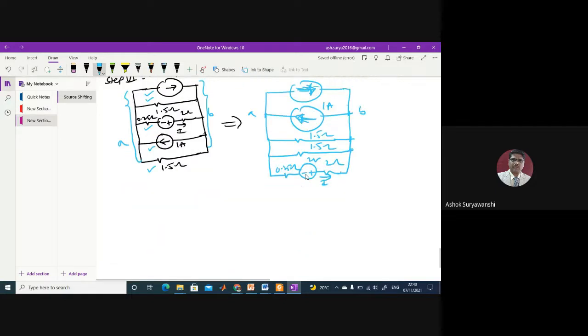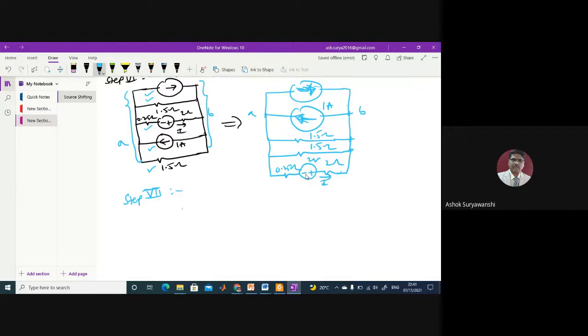Another thing is that this 1.5 and 1.5, these two are in parallel. So step 7 will be: these two current sources will cancel each other, because 1 ampere flowing in and 1 ampere flowing out, the total will be 0.